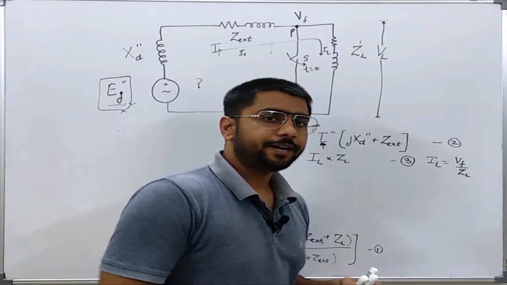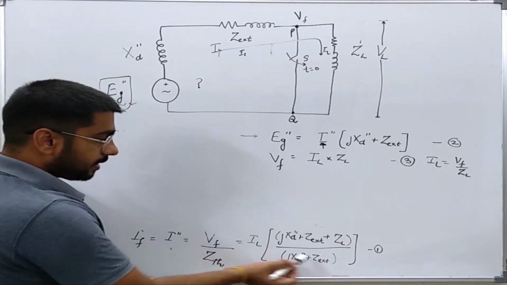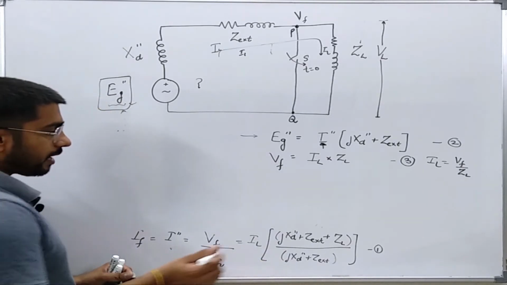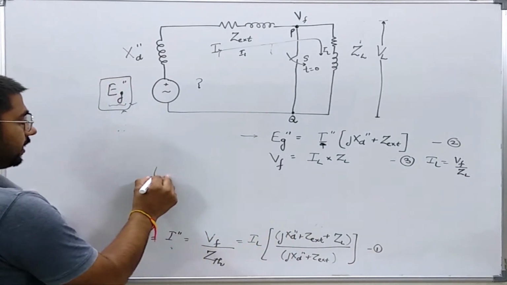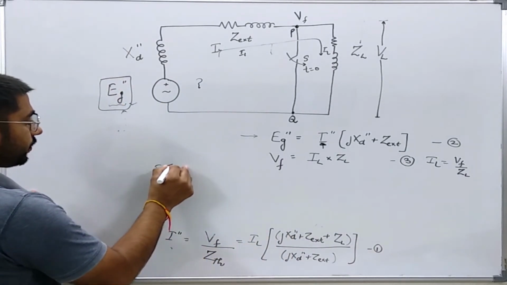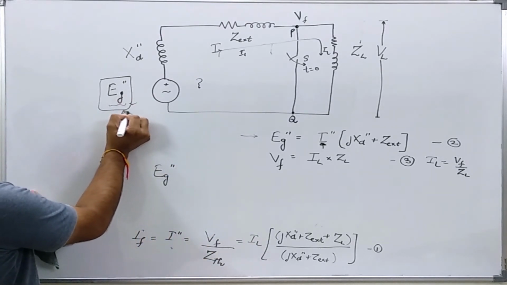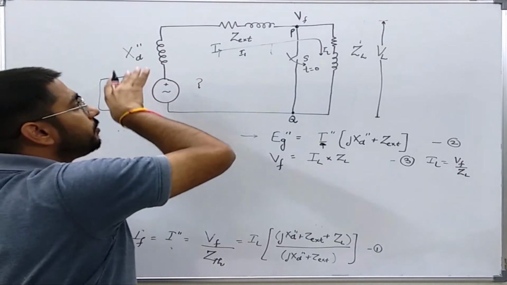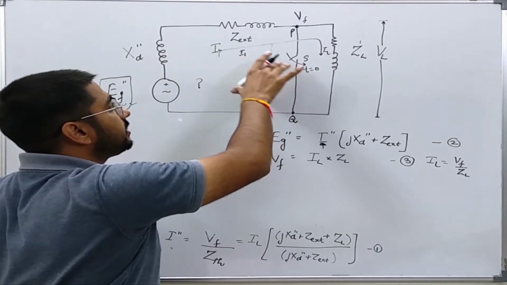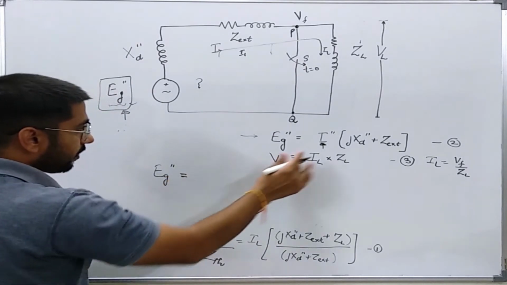In our previous slide, we have seen that IF or I double dash can be written as this value. So what I will do, I will put this value in equation number 2. So Eg double dash, or the voltage source equivalent for the generated voltage in the synchronous generator, to find the equivalent network of this generator, can be written as, what is I double dash?